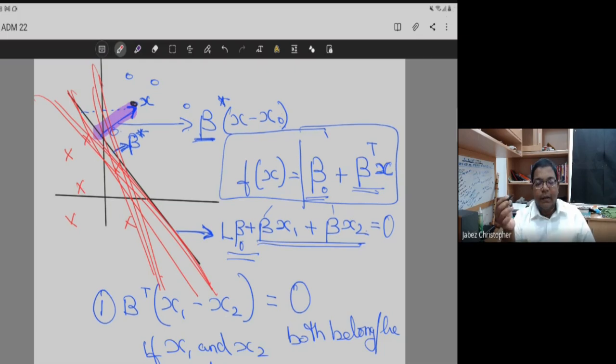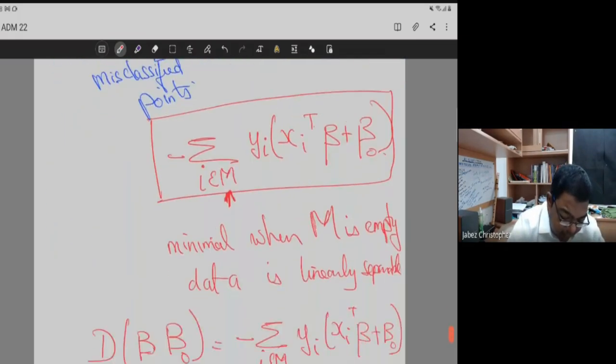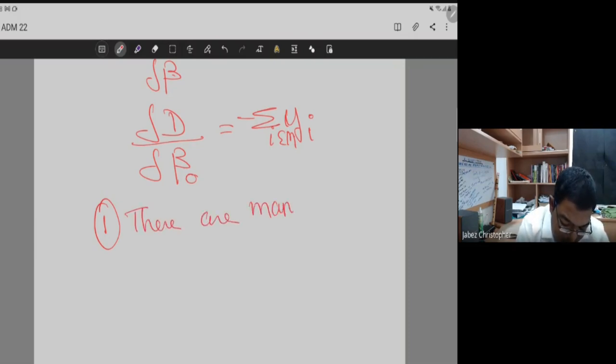If the data is completely linearly separable, there may exist many planes. There are infinite planes. So the first possibility is there are many solutions when the data is separable.